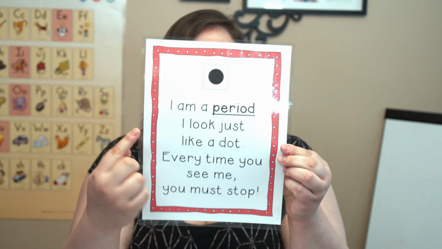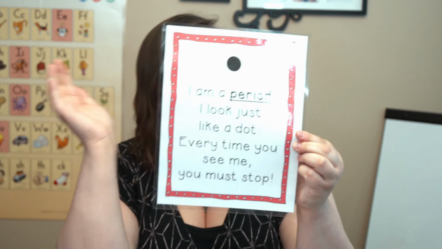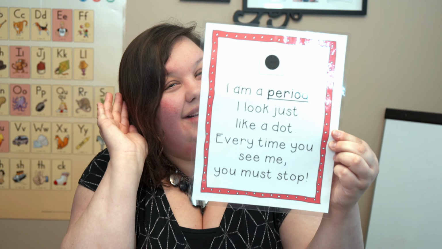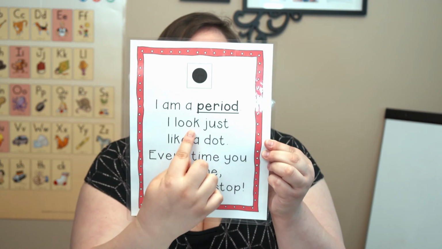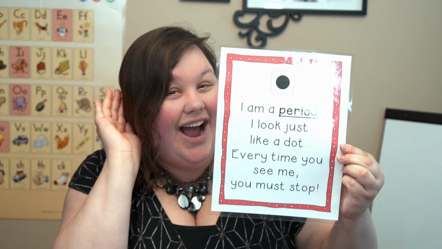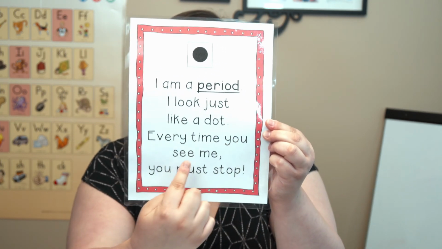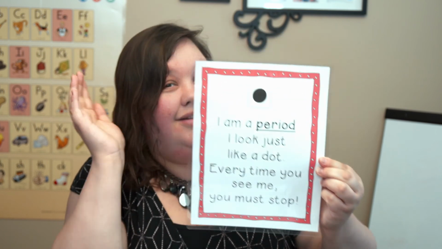A period's like a dot, a period's like a dot. Every time you see me, you must stop. We sing it every time. This one says, I am a period. Let me hear you say it. I look just like a dot. Let me hear you. Good job. Every time you see me, let me hear you.